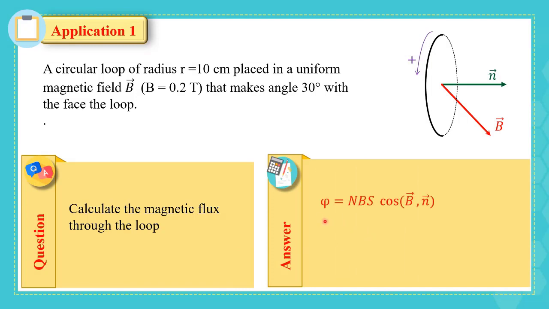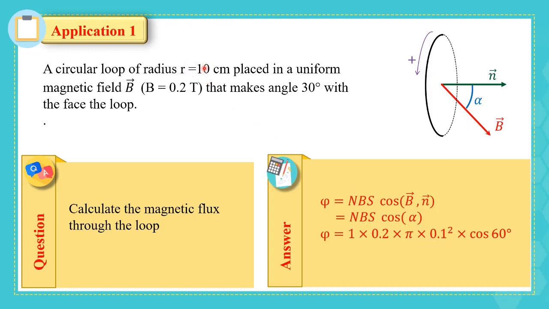The expected answer is flux equal N B S cosine the angle between B and n, or N B S cosine alpha. N is equal to 1 since we have a circular loop of one turn. The magnitude of the magnetic field is equal to 0.2 times the surface of this circle, which is pi r square, so pi times 0.1 squared.